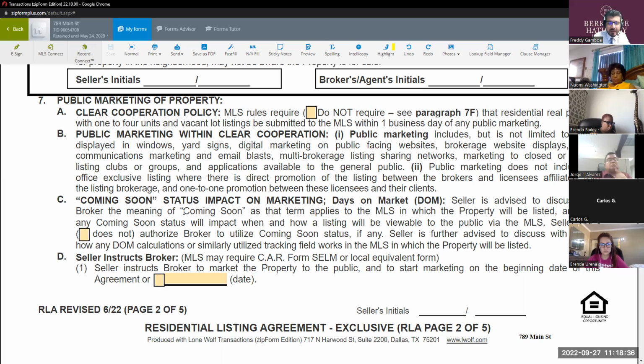After the 21 days, automatically it's going to go to active, and that's going to be your day 1 on the market. So coming soon does not count against your days on the market. Please keep that in mind.